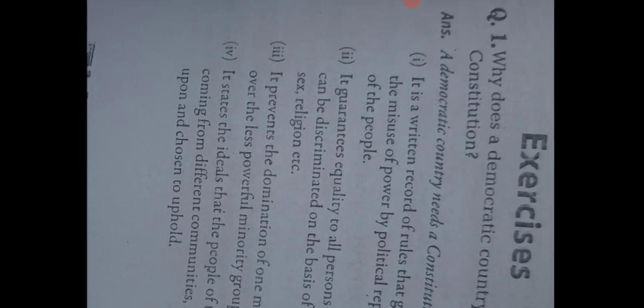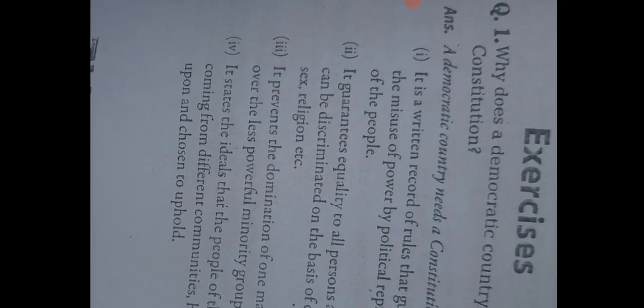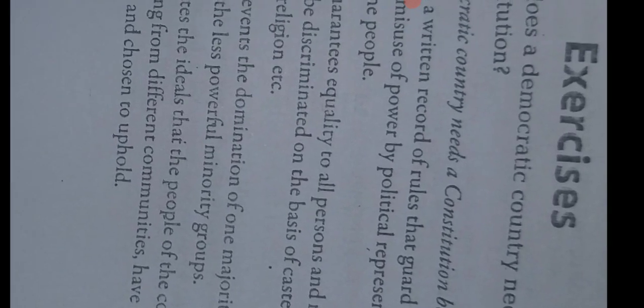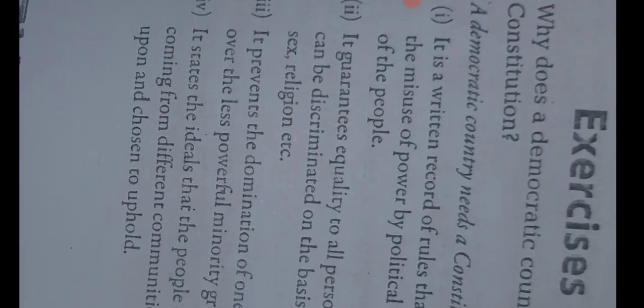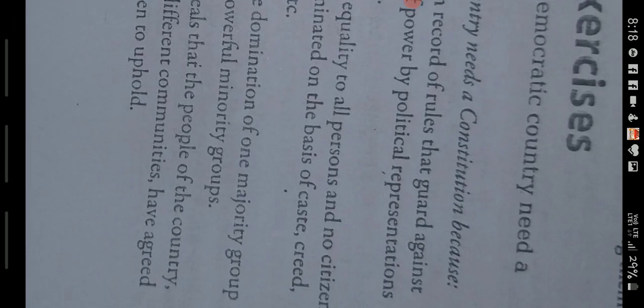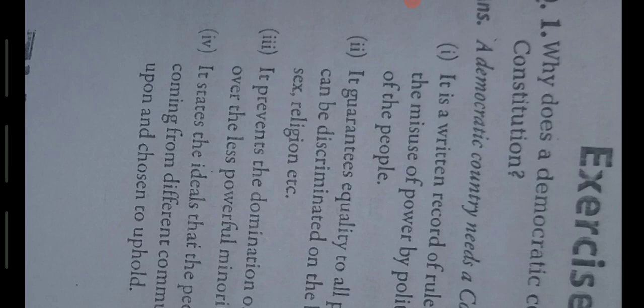Its answer is: a democratic country needs a constitution because, number 1, it is a written record of rules that guard against the misuse of power by political representatives of the people.